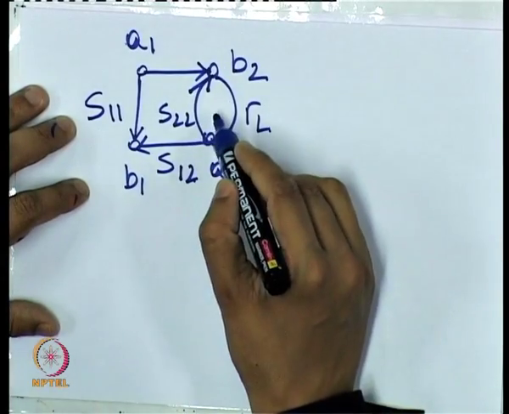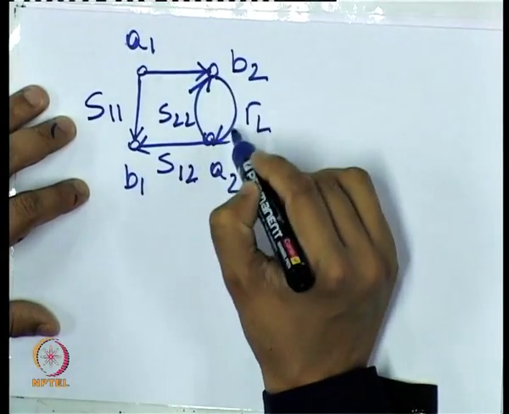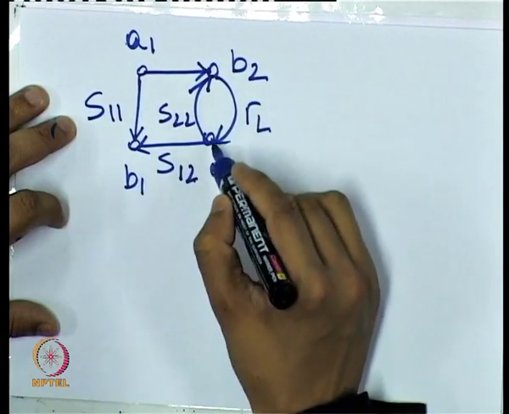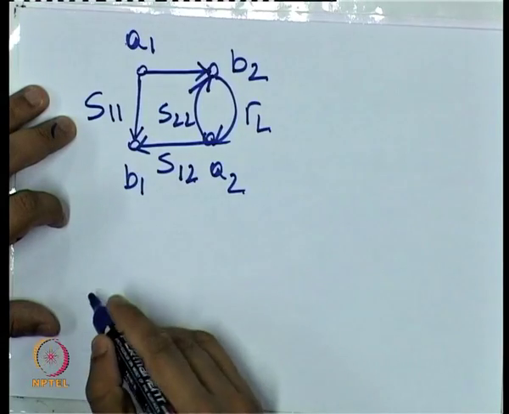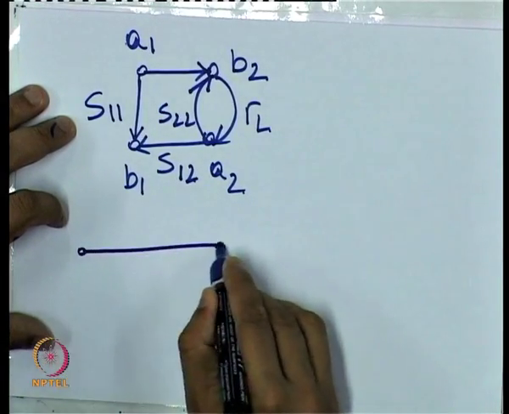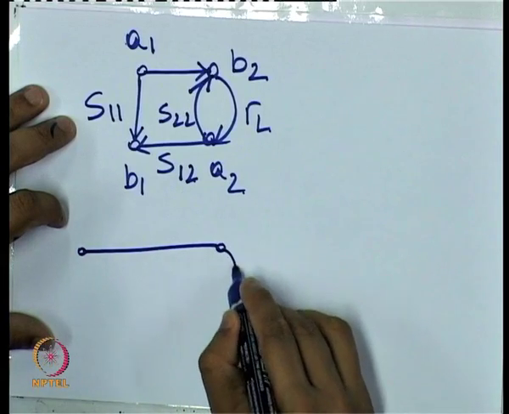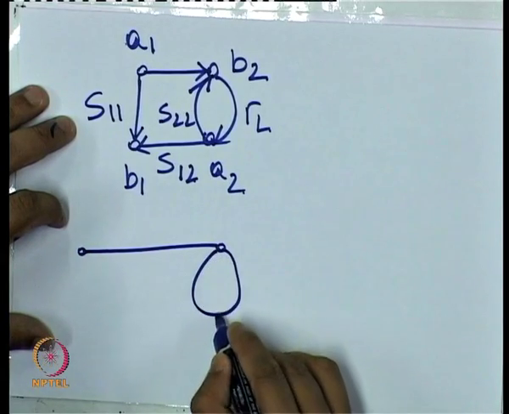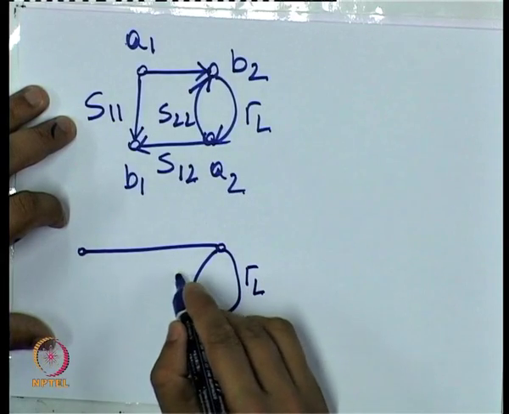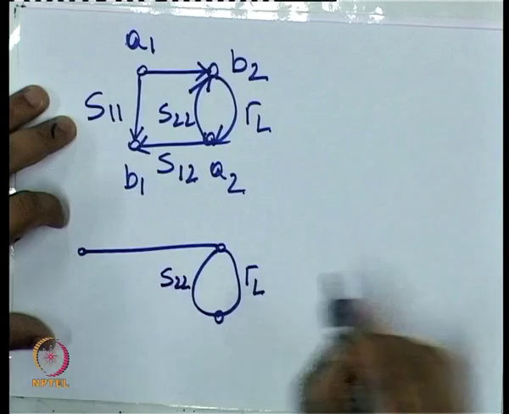Now look at this loop that is there. This is a loop, and what I do is, instead of having a single point A2, let me split this loop. What I mean is, I now have gamma L here, S22 here.